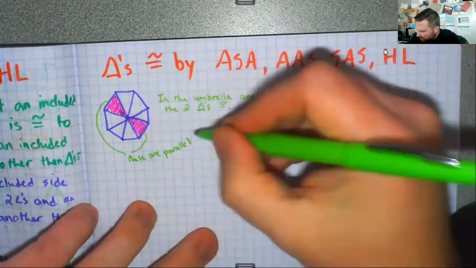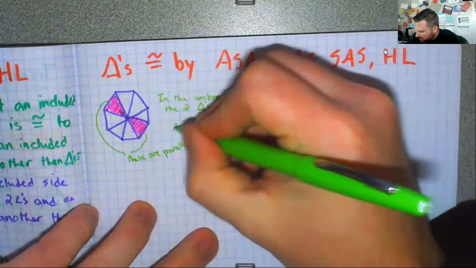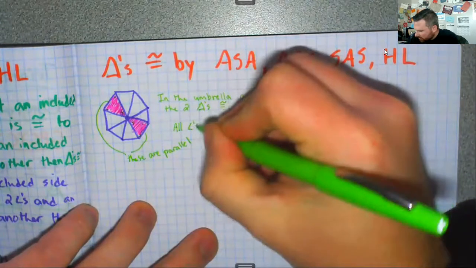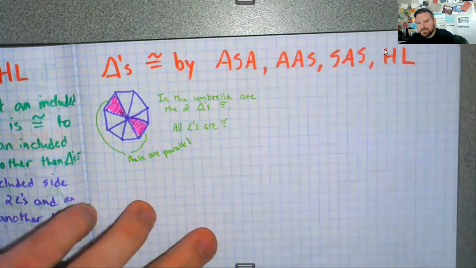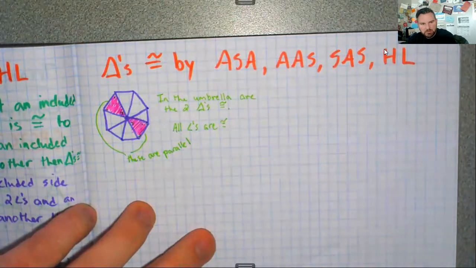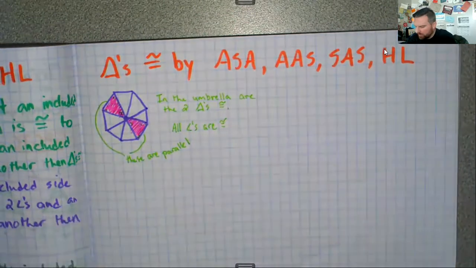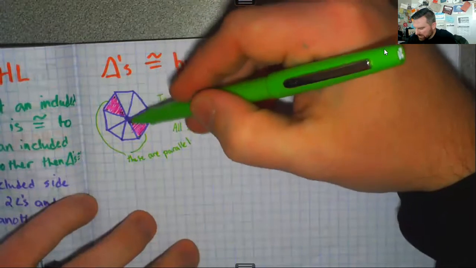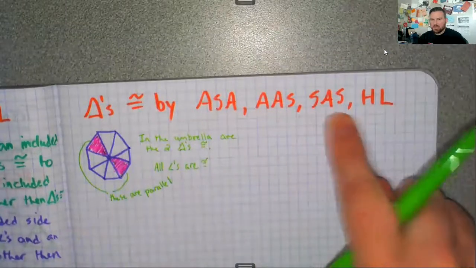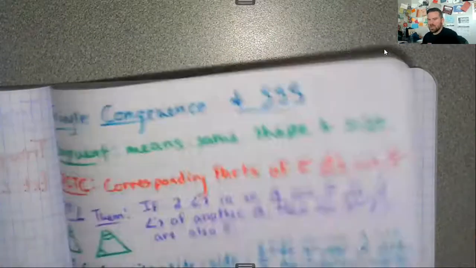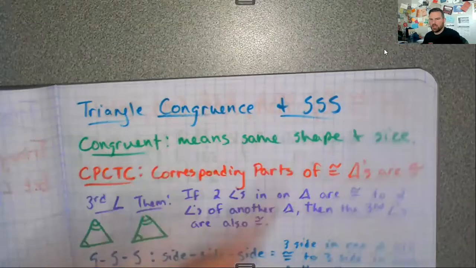So all angles are congruent. But just because the angles are congruent doesn't mean that the two triangles are congruent. Again, we don't know anything about the length of any of these, and I would need that. You notice we didn't write AAA up here today, and we didn't have AAA the other day.